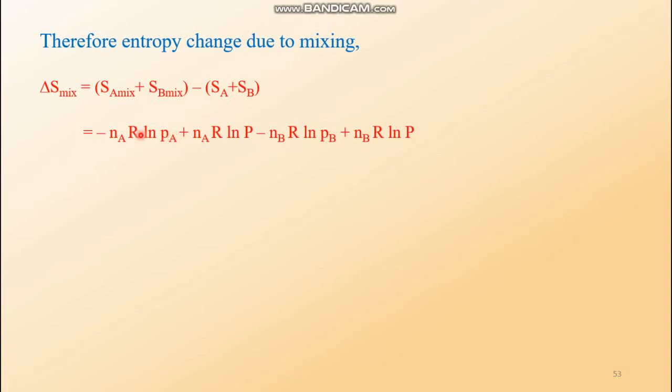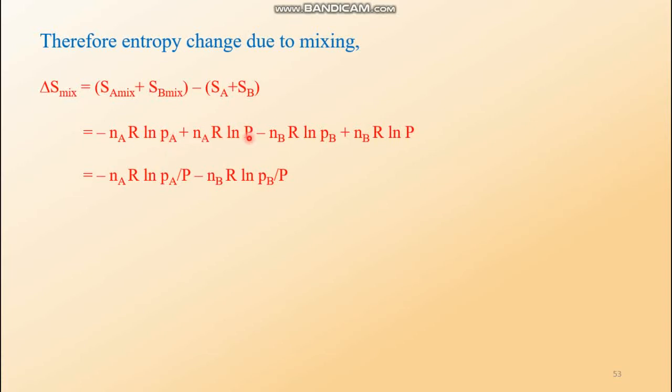Now Na and R are common, and this is negative, so if you combine two logarithmic terms, the combination is actually the log of the ratio or log of the product. This is negative and this is positive, so this is the log of the ratio. Ratio means capital P divided by small p. And if you keep the negative sign intact, then they just reciprocate.